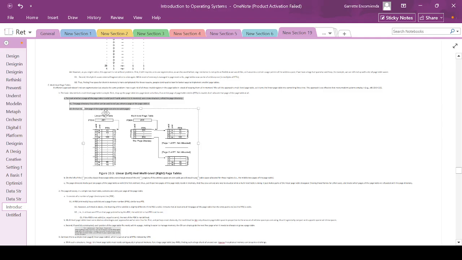The page directory can be used to tell you where a page of the page table is.